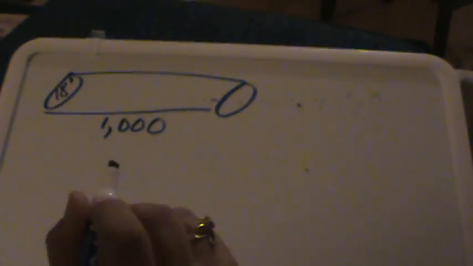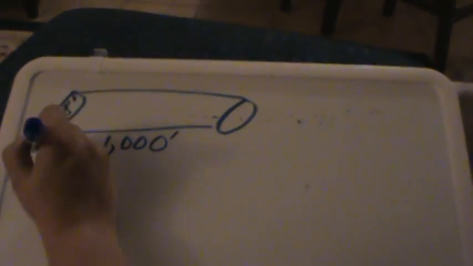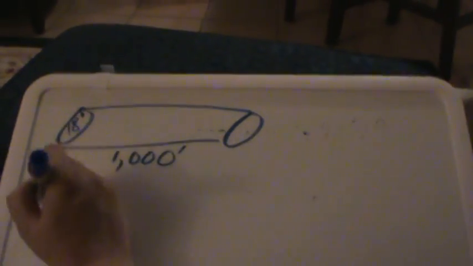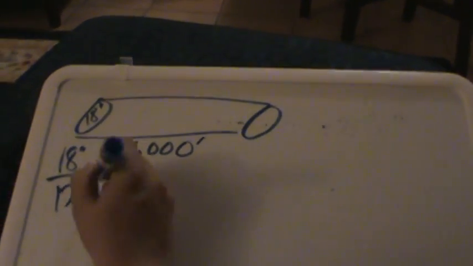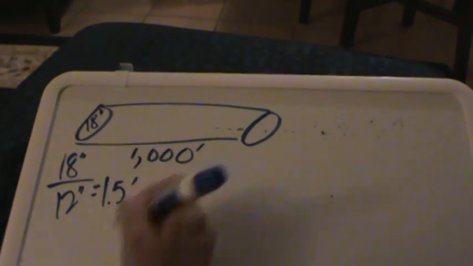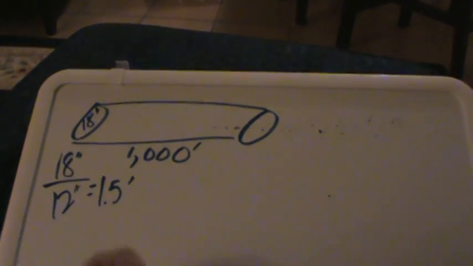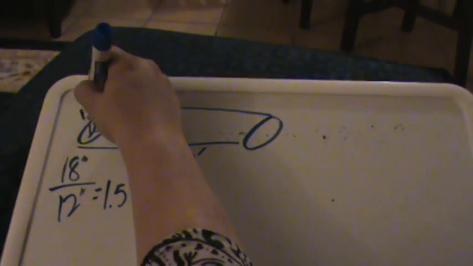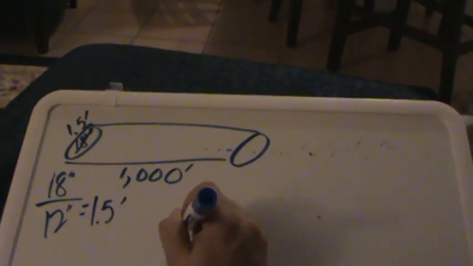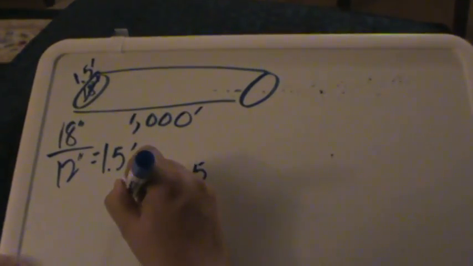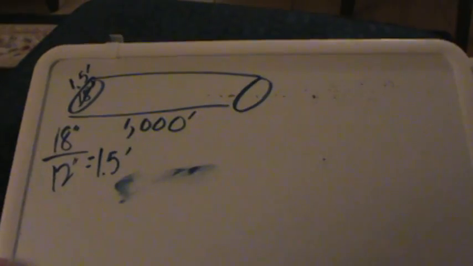Because we want to keep all of our units alike. So 18 inches, if we divide 18 inches by 12 inches in a foot, the answer will be 1.5 feet. So this 18 inches becomes 1.5 feet.